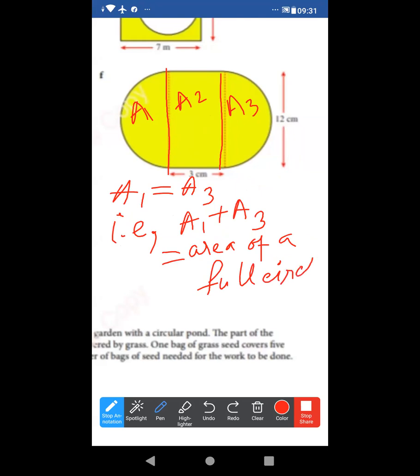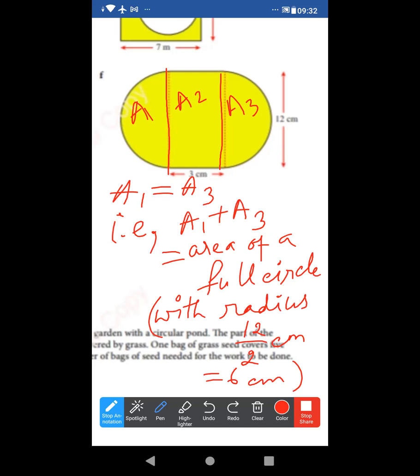Now in bracket write with radius 12 by 2 centimeter, that is 6 centimeter. Just mention it.